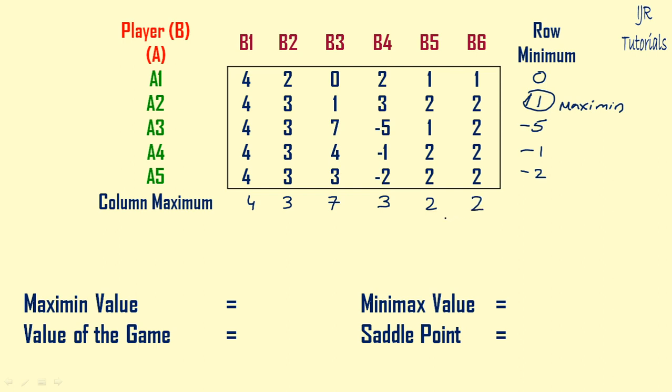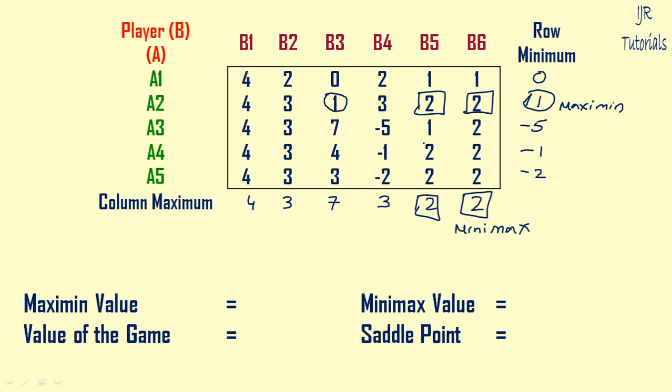After completing this process, again we need to identify the minimum of the column maximums. The minimum number of column maximum is 2. This 2 is referred to as minimax. So maximin is 1, under A2 and B3, and here minimax is 2.